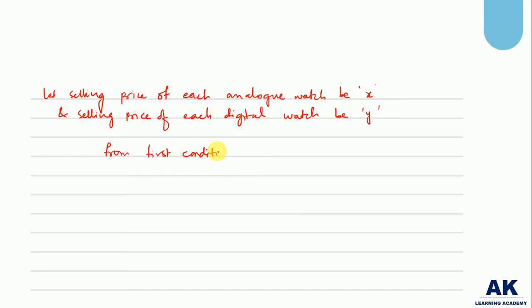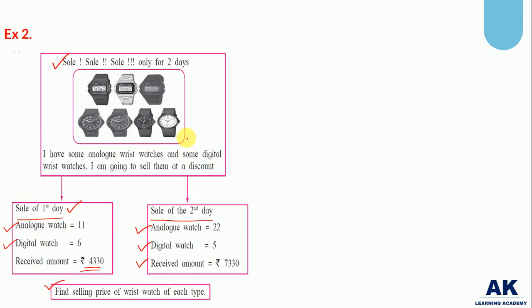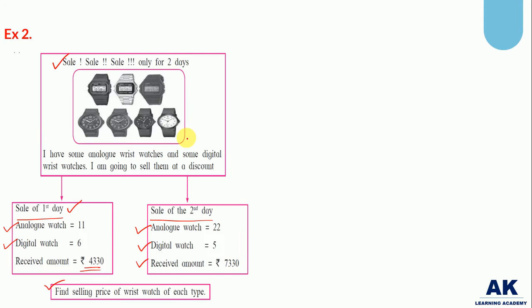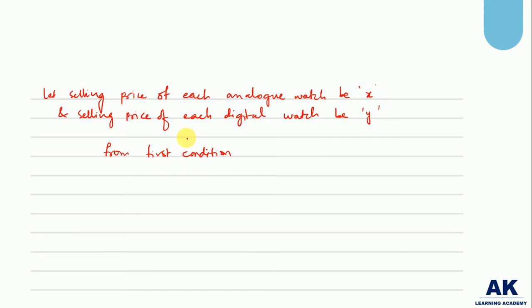What is the first condition given? Analog watches 11 and digital watches 6. So on the first day, 11 analog watches, that is 11x, plus 6 digital watches, that is 6y, is equal to the total selling, 4330.